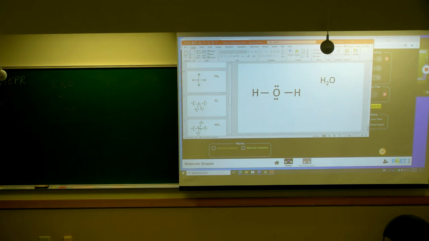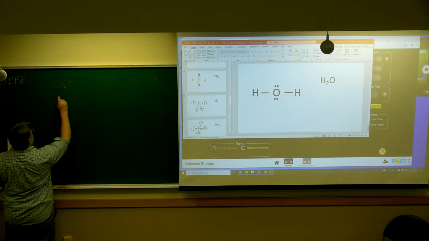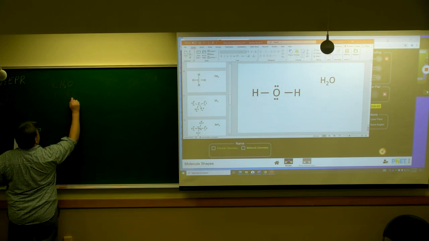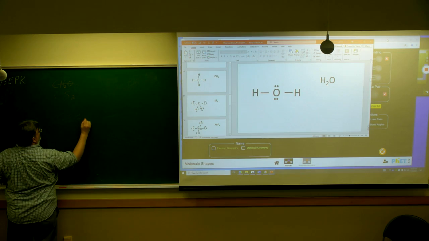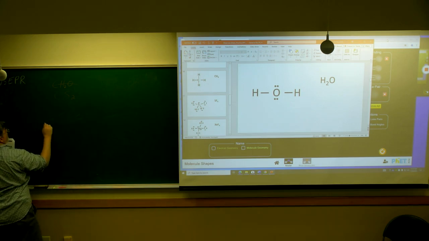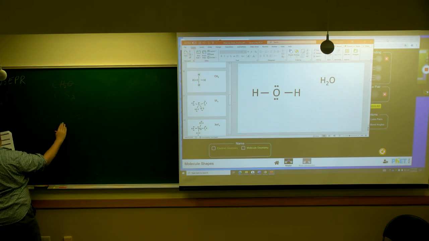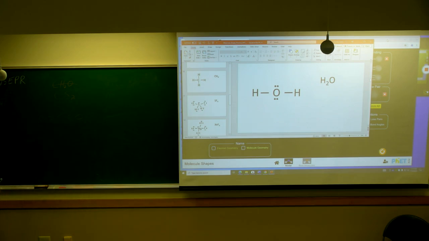Let's get to some of the larger ones. If we did CS2, we would end up with... so what do you have here around the carbon? 2 electron domains.